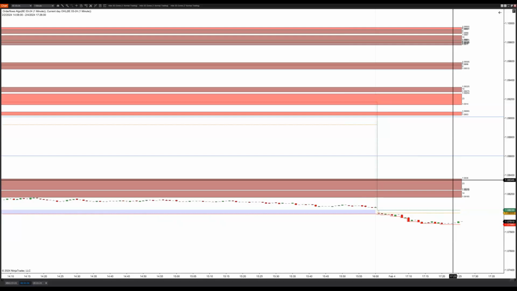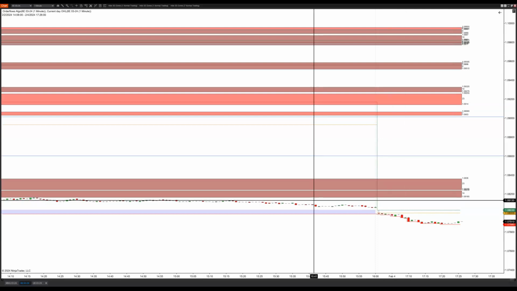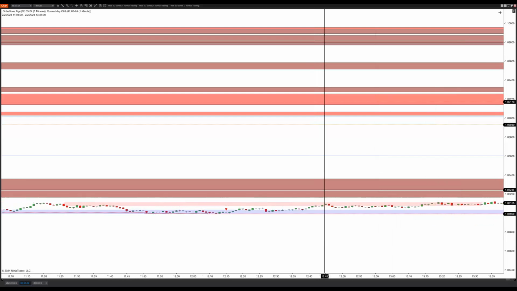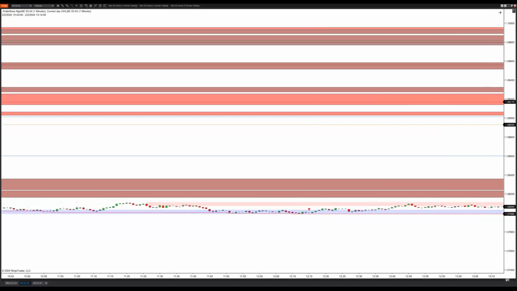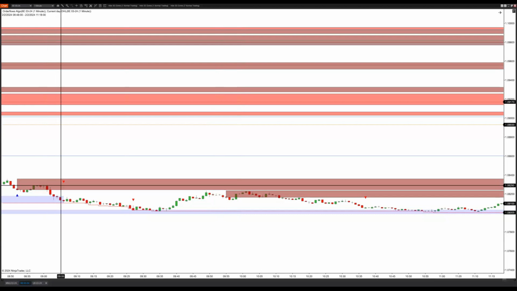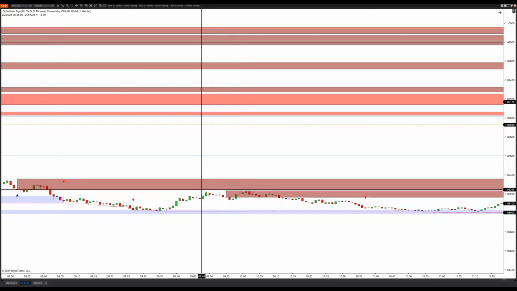But one of the pet things that I like when I'm looking at zones is their proximity to each other. If I see a couple of zones coming in, either one right after the other, you have a zone, then you have another zone with not a lot of space in between, I like that.